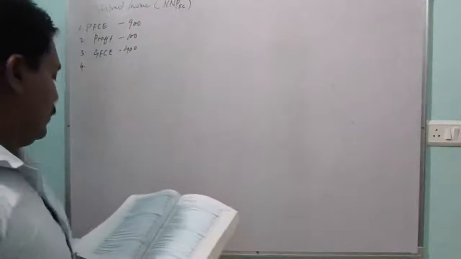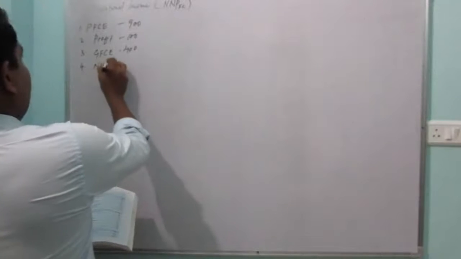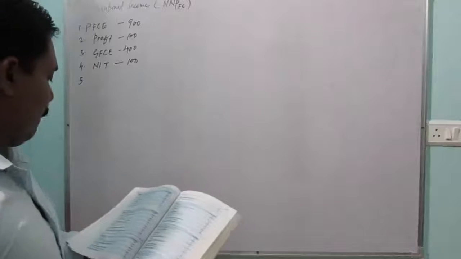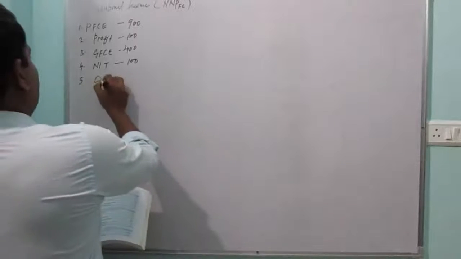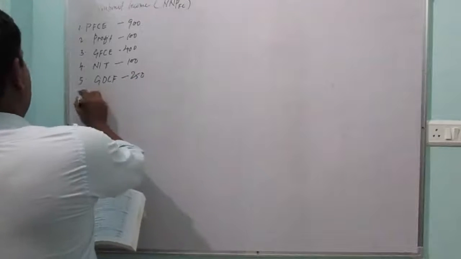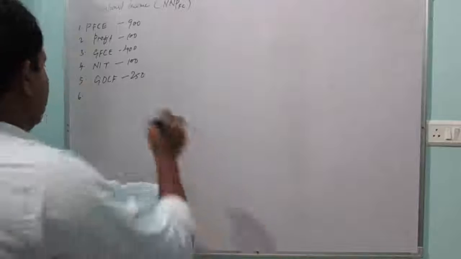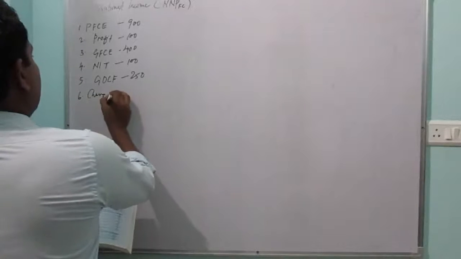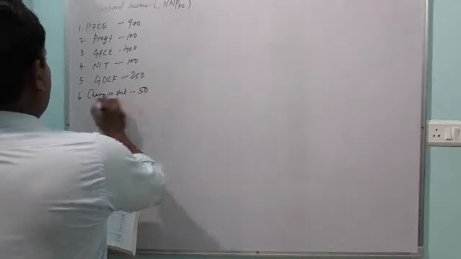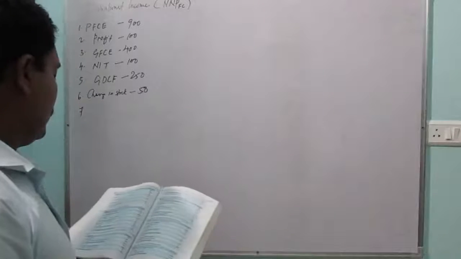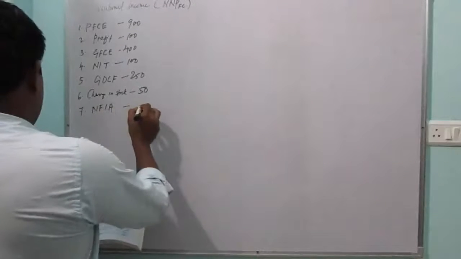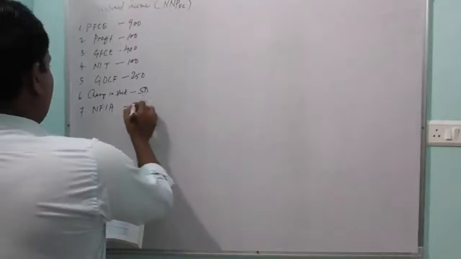Next one, NIT, that is 100. Next one, gross domestic capital formation, that is 250. Next one, change in stock, 50. Next one, 7, net factor income from abroad, NFIA, that is minus 40.